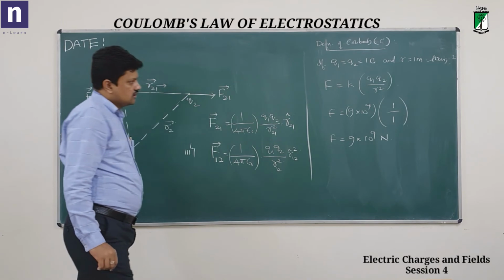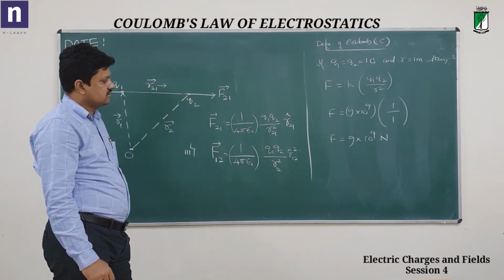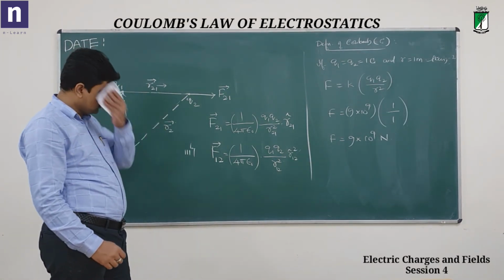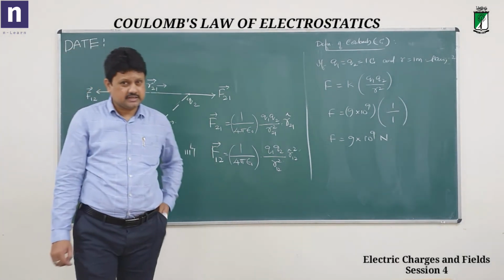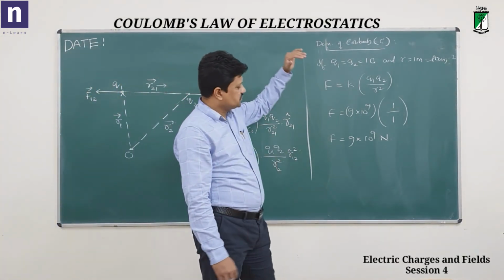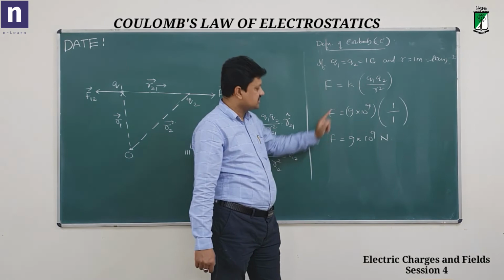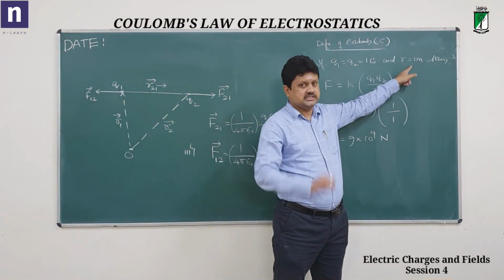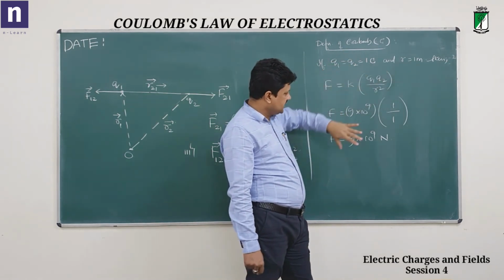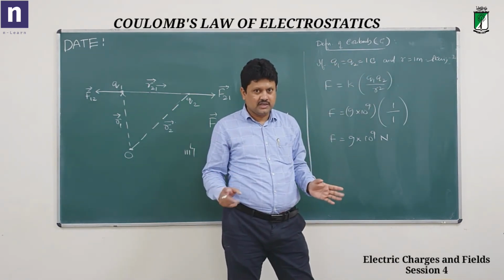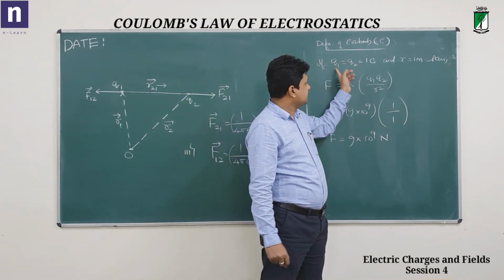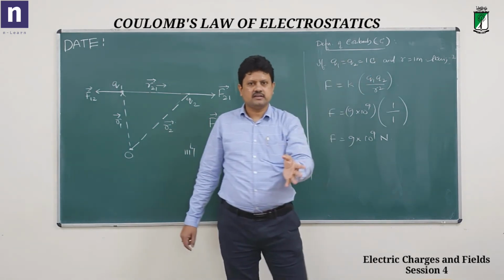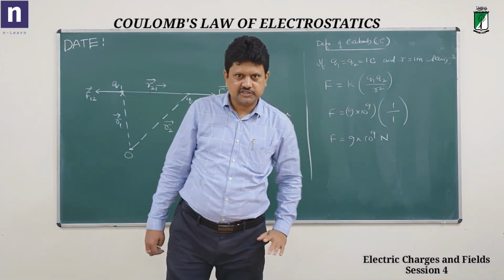Correct? Now, how much is the force here? 9 into 10 to the power 9. Now reverse it. If the force is 9 into 10 raised to 9 newtons, and if the distance between the two charges is 1 meter, and if the medium between the two charges is air or vacuum, then the two identical charges will have a quantity of 1 Coulomb each.